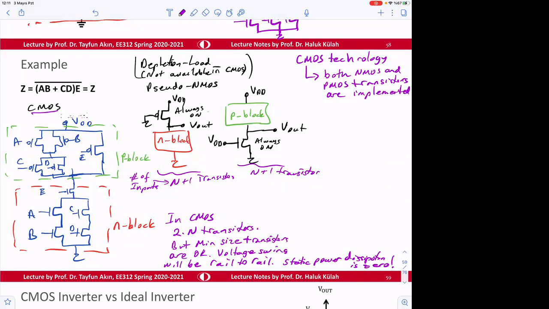Okay, so, but here, even though both transistors are implemented, complementary logic in CMOS technology means this one.